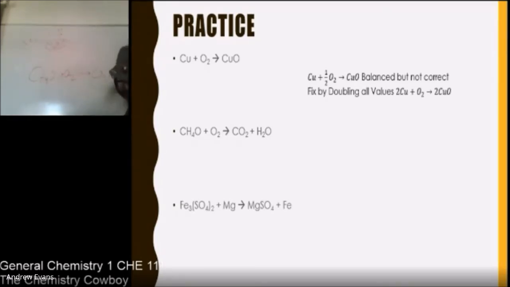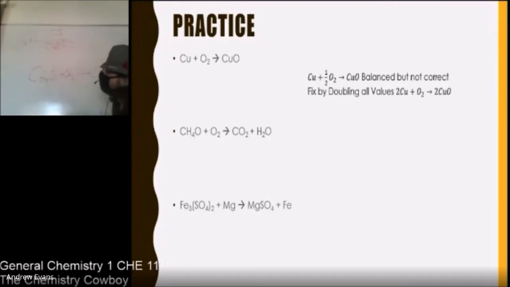The next thing I would do, so I would try to balance. I balance the carbon, I balance the hydrogen, I have to balance the oxygens. 2 oxygens, 4 oxygens. 2 oxygens, 3 oxygens. We are stuck.